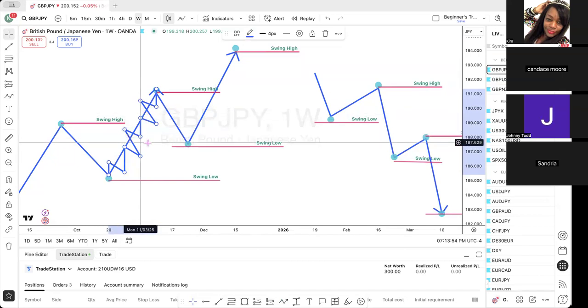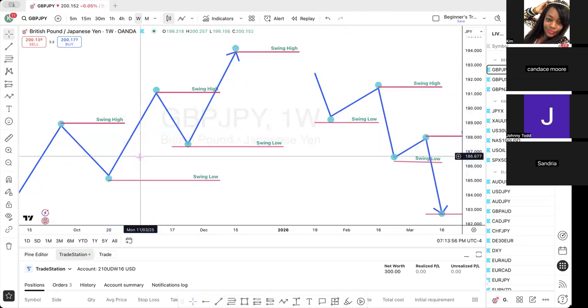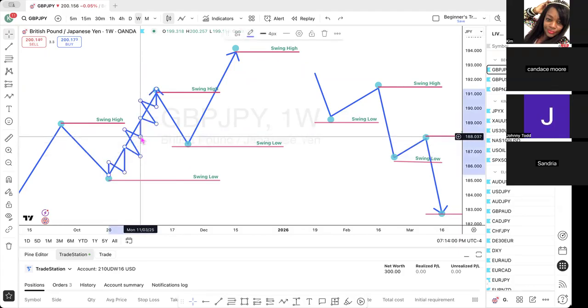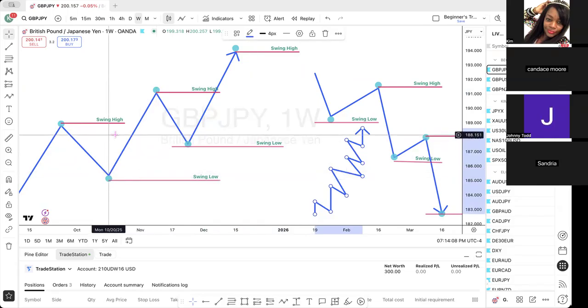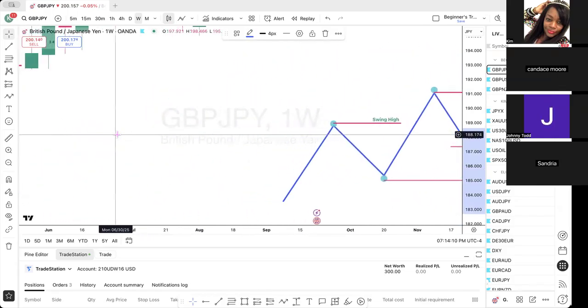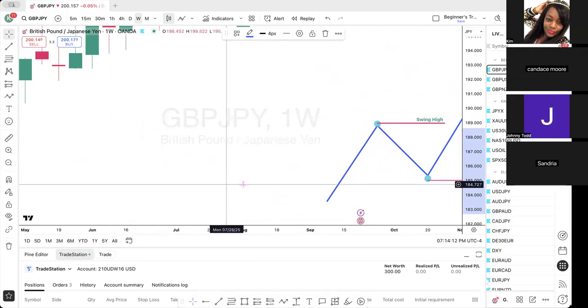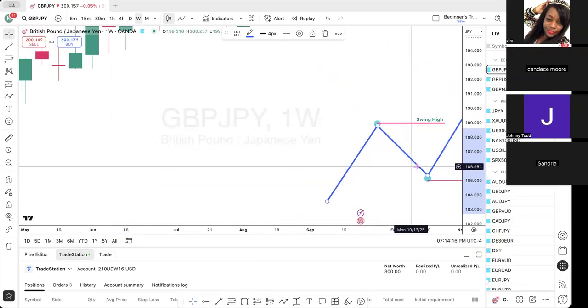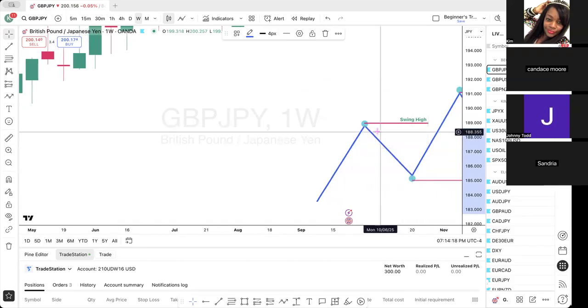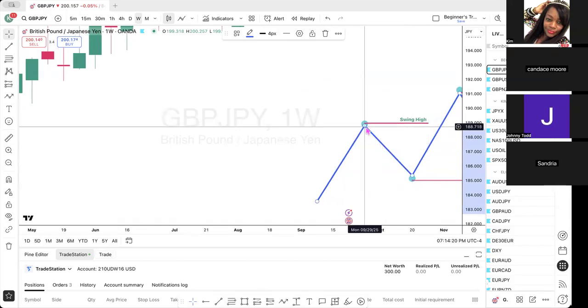Okay. Now, I'm going to take that away. Wait a minute. Let me just move it to the side. Okay. Now, once price goes up and gives you a pullback, this is currently a swing high.